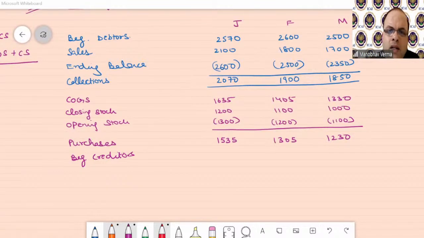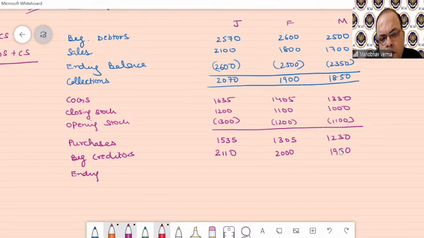So my beginning creditors are 2110, 2000, and 1950. So the beginning creditors for the next 2 months will be the ending creditors for the first 2 months, right? And then we have ending creditors. That will be again a reduction for us because that's a balance outstanding. So the difference would have been the payment, guys.